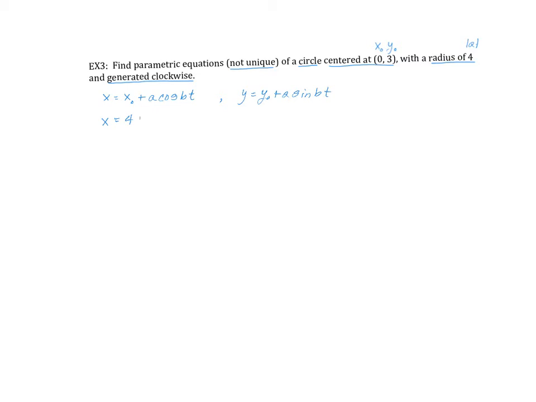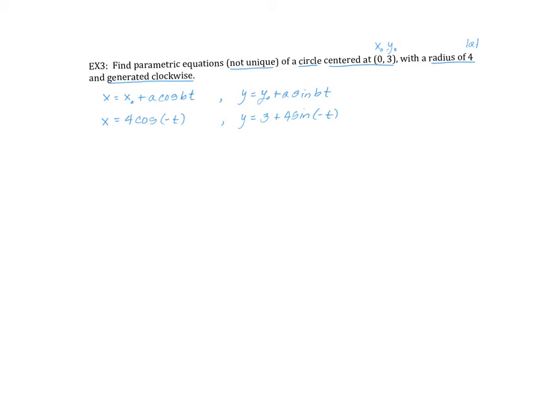I'm going to leave cosine the way it is, and I'm going to replace the b with a negative. So that would change the direction from counterclockwise to clockwise. Y is going to be equal to 3 plus 4 sine of negative t.